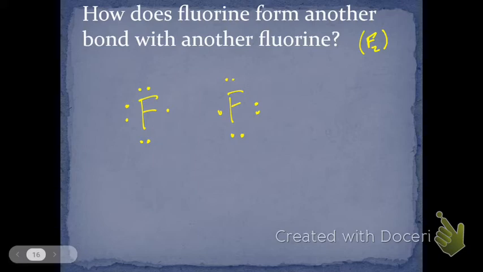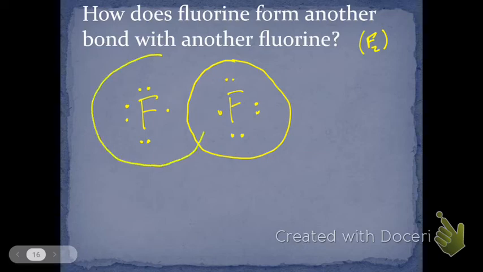So let's imagine this is the fluorine atom, and here's the other fluorine atom. What they do is they say, okay, I'll share this electron, so we'll move that electron here, and then the other one says, okay, I'll share one of my electrons.